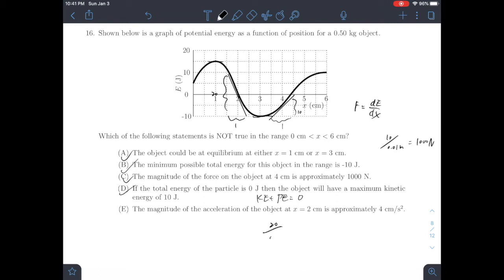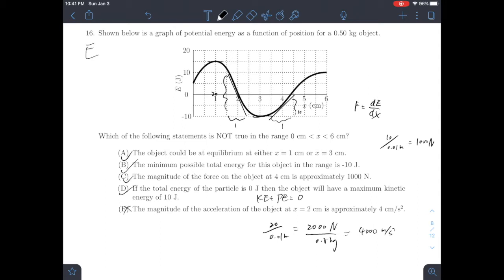So 20 over 0.01 meters, which is about 2000 newtons. Right, 2000 newtons divided by the mass, 0.5 kilogram, gives acceleration of 4000 meters per second squared, which is way faster than 4 centimeters per second squared. Right, so E is wrong. So the answer is E.